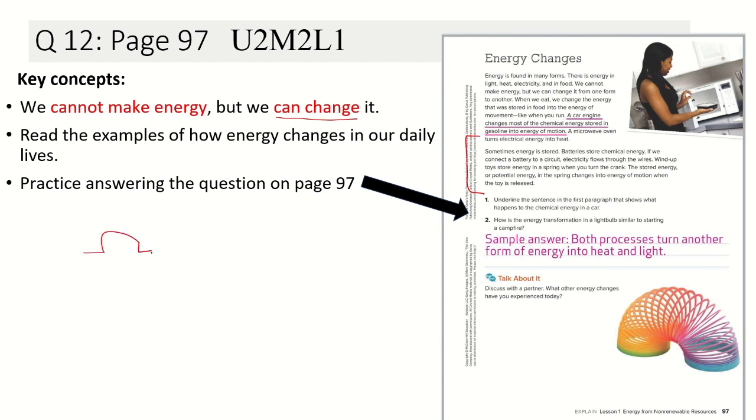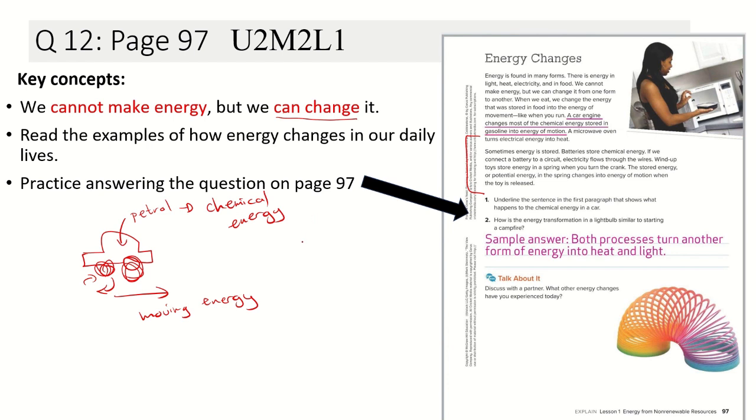If we have a car, think about what makes your car move. We put petrol into it. The energy inside of petrol, just like our coal, fossil fuels, is chemical energy. This chemical energy is then changed into moving energy to make your car move. So this is one energy conversion that is happening in everyday life.